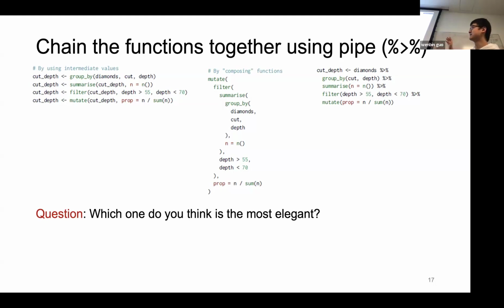And the last one is using this pipe idea, which consists of a percent symbol with a greater than symbol in between, and a percent symbol. When you have the diamonds, you feed it into group by, and this group by has some arguments. After finishing this step, you feed into the next step.